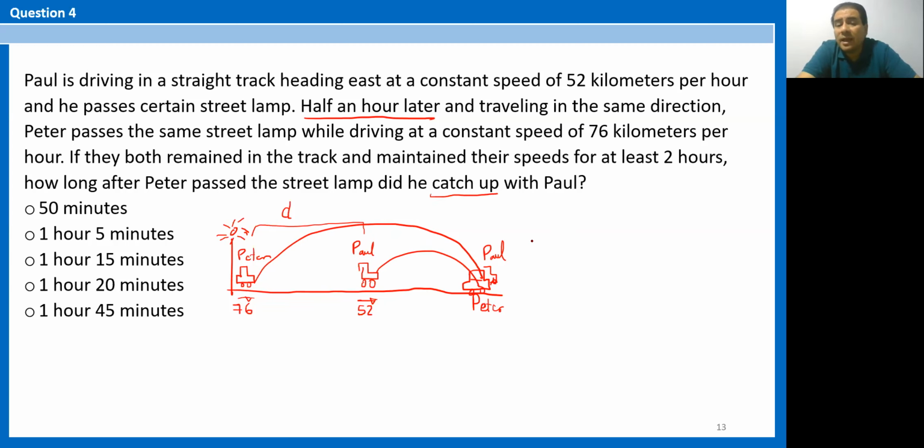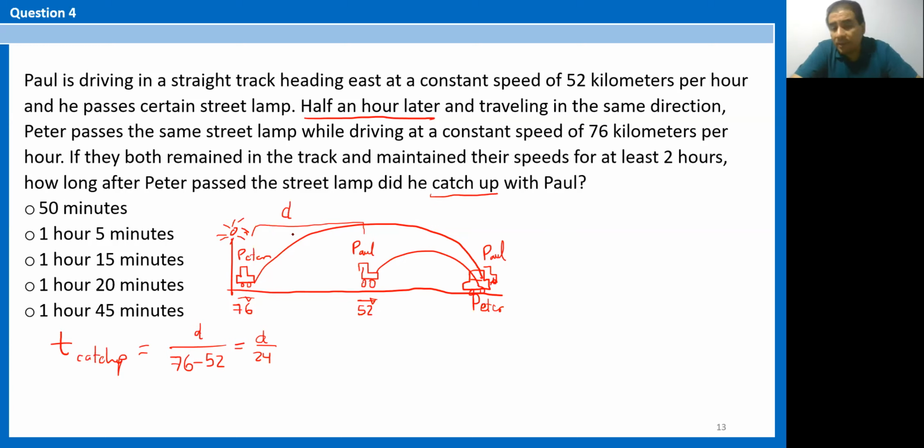And we know that the time for catch up equals the distance that separates them divided by the difference of their speeds, 76 minus 52. And so here we have just the distance divided by 24. But what is the distance that separates the mobile objects when Peter passes the street lamp?